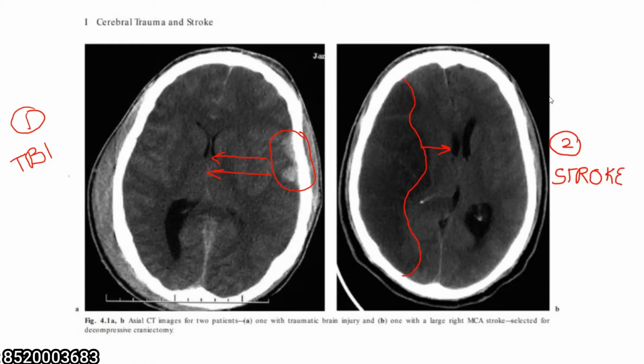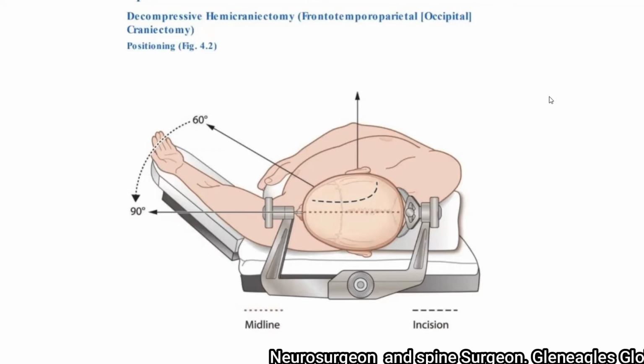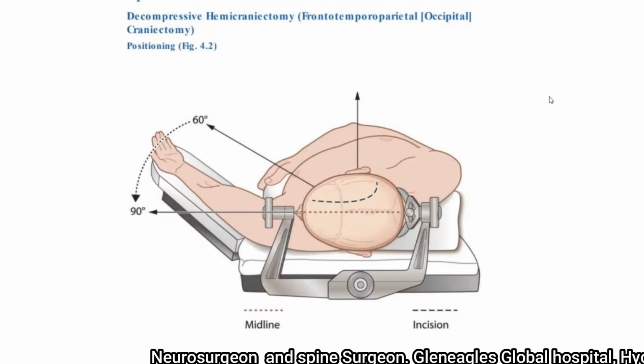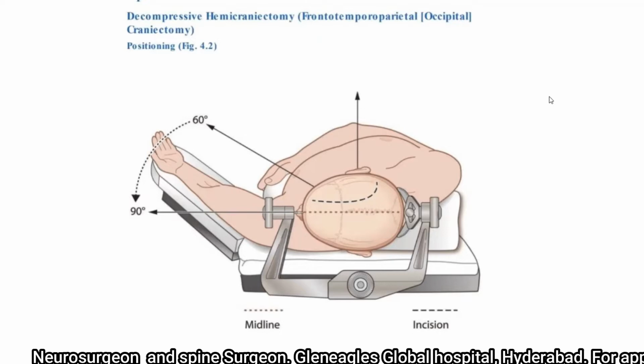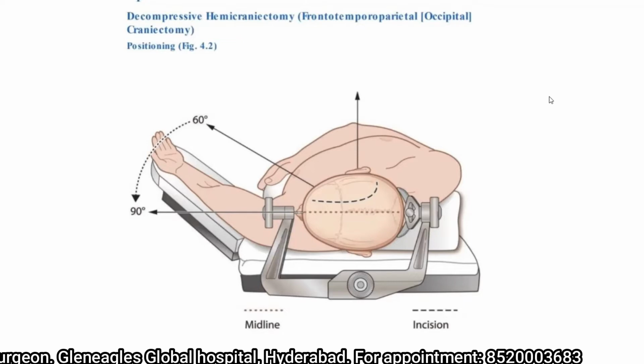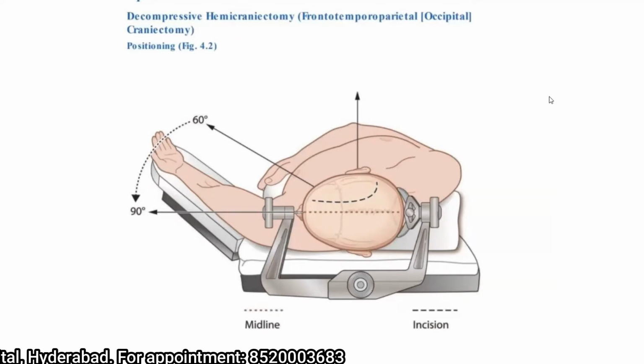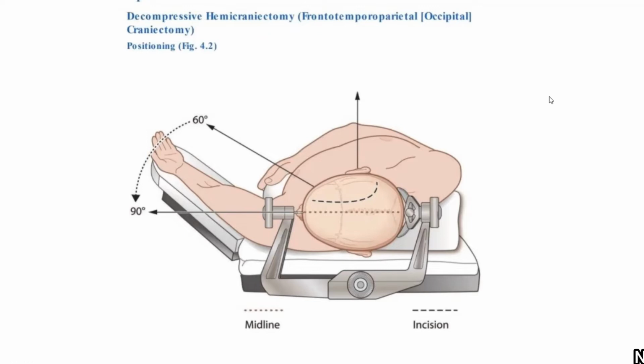Now coming to the procedure proper. As in any other procedure, position is very important. So what are the important things in positioning for decompressive craniectomy? First one, either I can place the head supported on a 3-pin headrest where it's a rigid fixation, or because it's an emergency, I personally prefer to keep it with the help of a headrest.